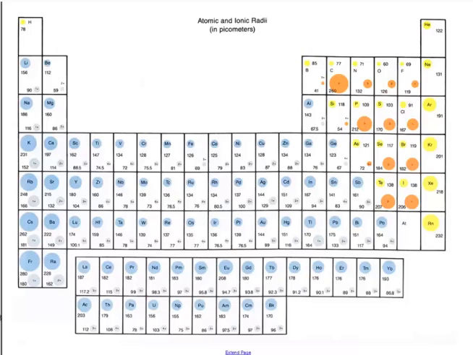If I take a look at the ion radius compared to the atomic radius, positive ions, I'm removing electrons. Essentially, I'm removing the whole outer energy shell when I'm removing those electrons. So the radius gets much smaller. Nonmetals generally form negative ions. So when I'm adding electrons to form the ion, I'm giving it a full octet.